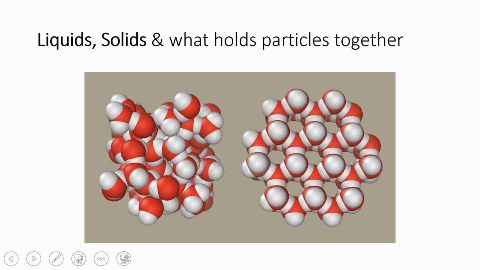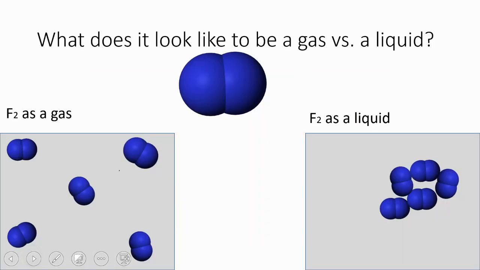So the focus of today's video is going to be on a simple molecule called fluorine. Fluorine is F2. It's one of our diatomic molecules. And just as a refresher, if you have a periodic table and you look at the atomic mass of fluorine, it's right at 19 grams per mole.